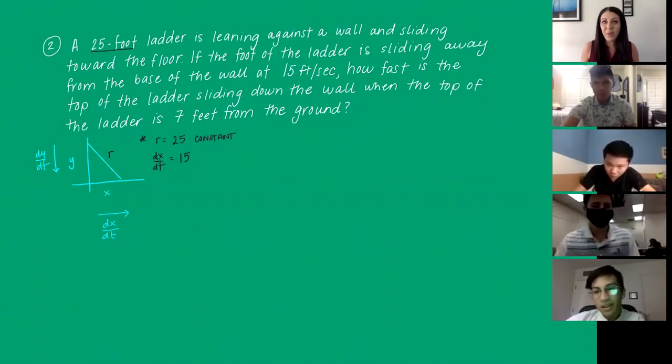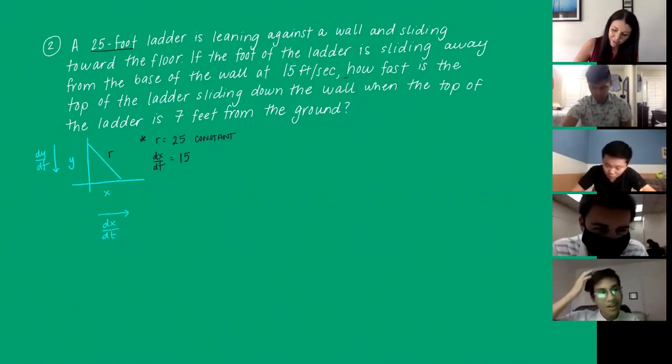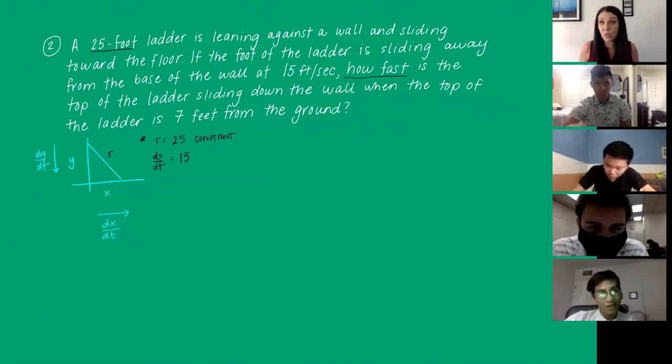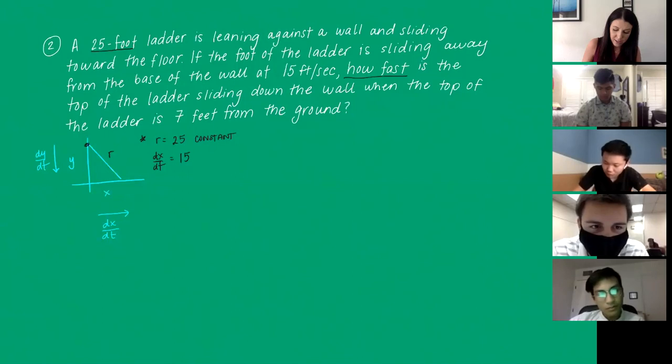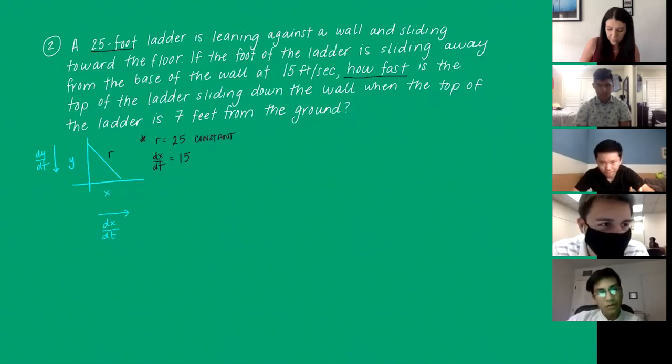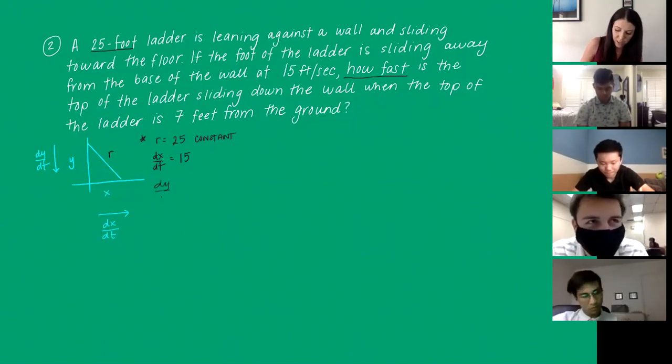Yes. So we're looking for how fast, so that indicates a rate. How fast is something per time is the top of the ladder sliding down the wall? What variable would that be referring to? dy over dt. Perfect. So dy over dt is what we don't know.